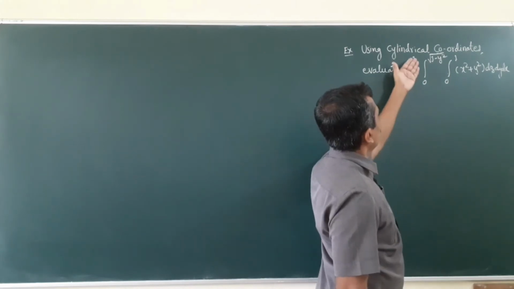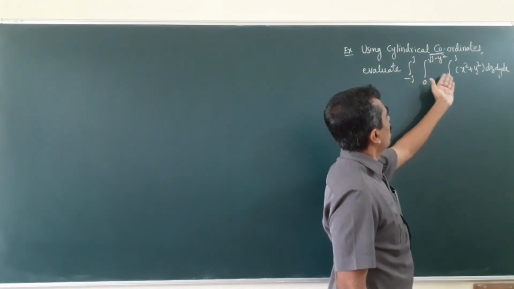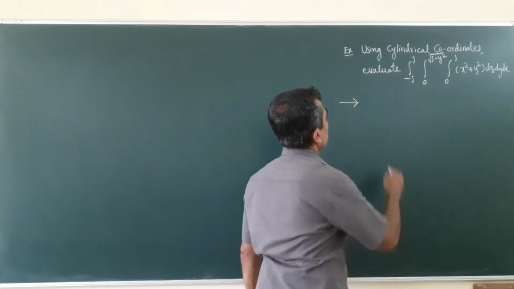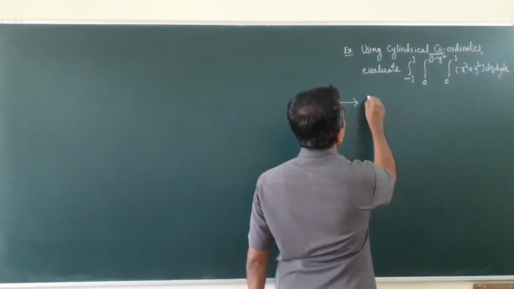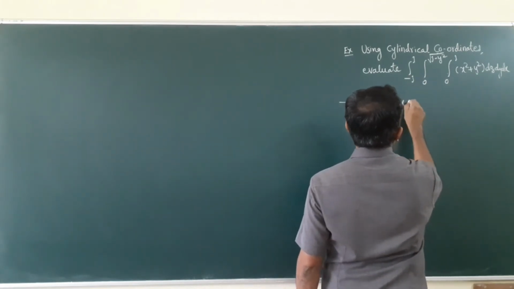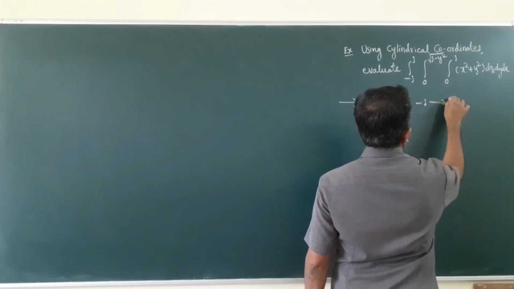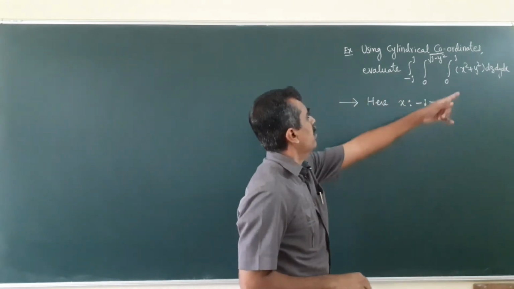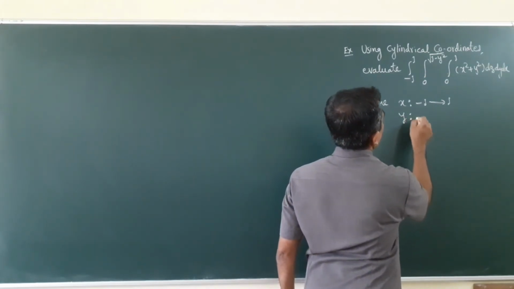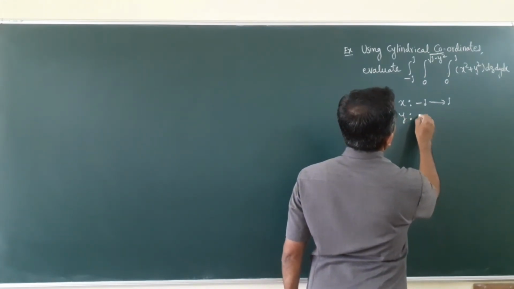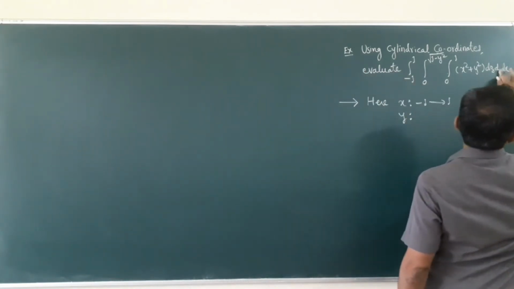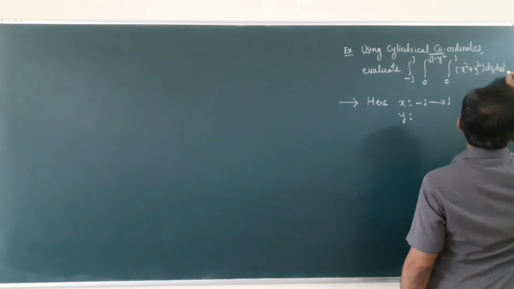Integral minus 1 to 1, integral 0 to root of 1 minus y square, integral 0 to 1, x square plus y square dz dy dx. So what are the limits here? Here x runs from minus 1 to 1. So these are the limits of x, the outermost limits. Then y runs from, so I think this is nothing but x and this is y.